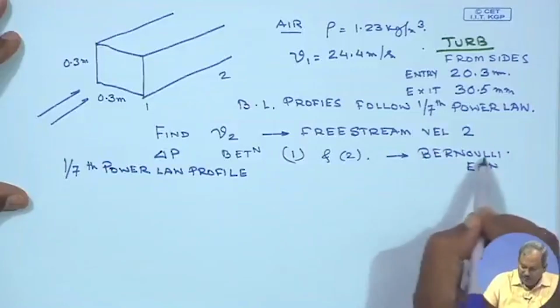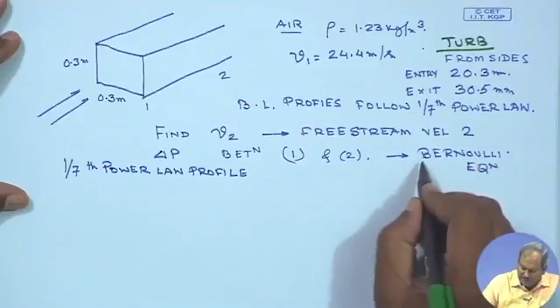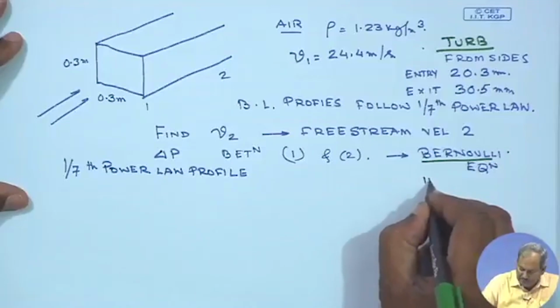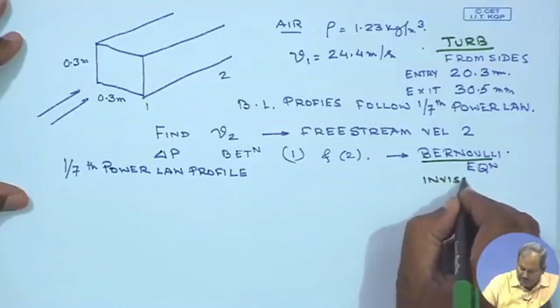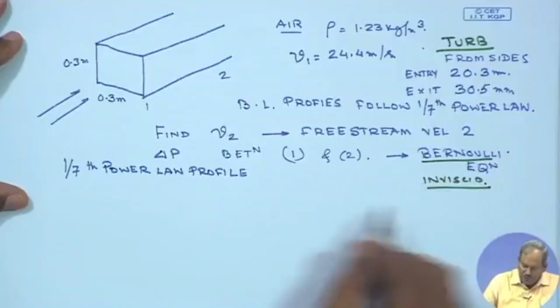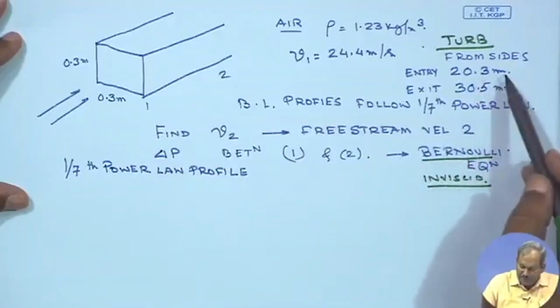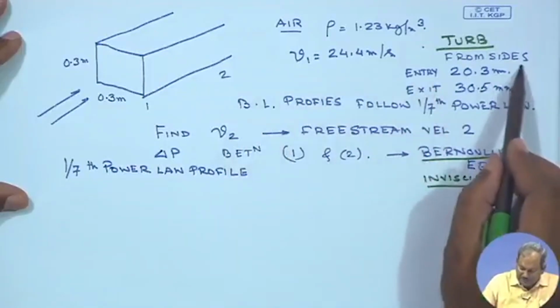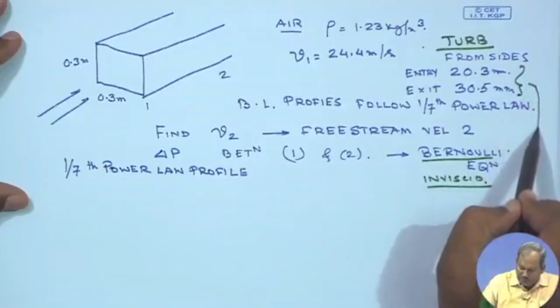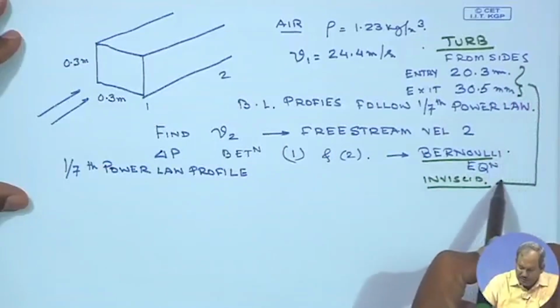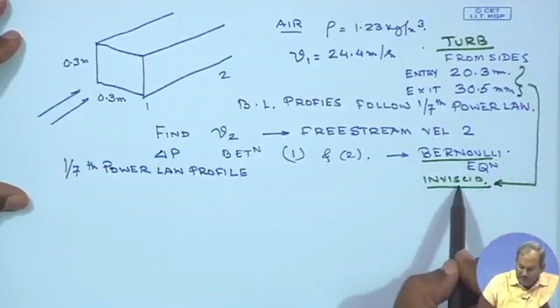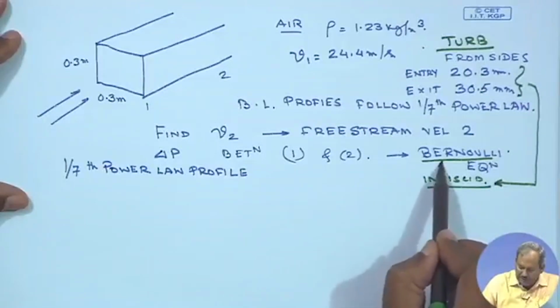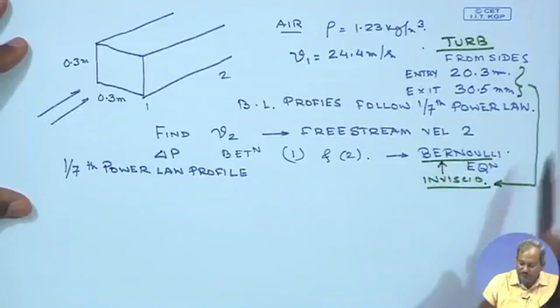Whenever I use Bernoulli's equation, I understand that Bernoulli equation is valid for inviscid flow. So, this is a case where you have viscous flow, because you have some boundary layers which are forming on all four sides. So, somehow this situation is to be converted to an inviscid flow, and only then can I use Bernoulli's equation.